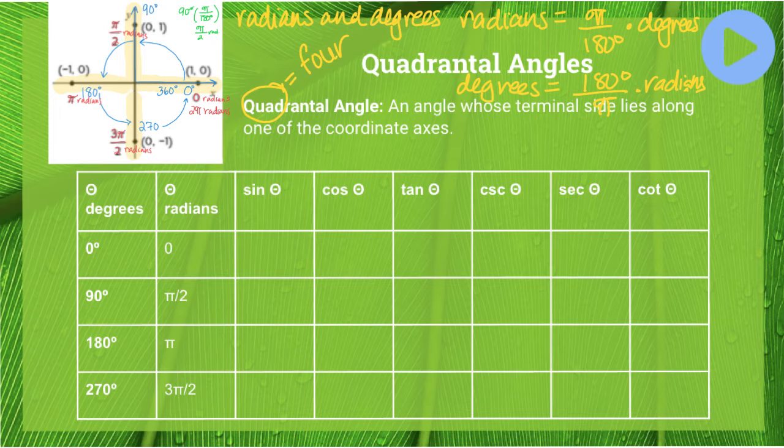So notice that at 0 degrees or 0 radians, the coordinate is 1, 0. So I'm going to write that here, 1, 0. 90 degrees is 0, 1. 180 degrees is -1, 0. And 270 degrees is 0, -1.